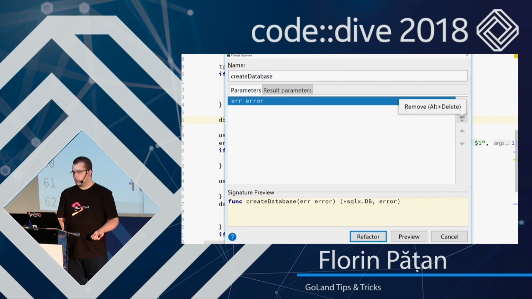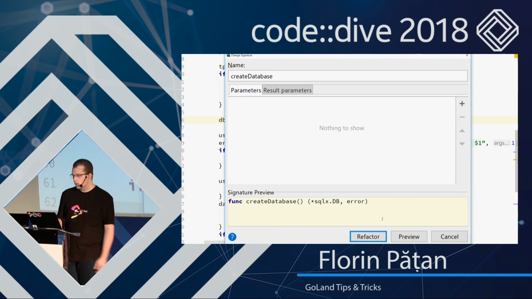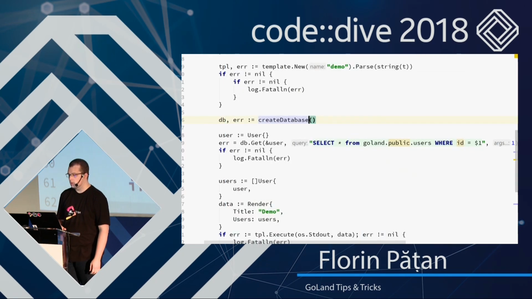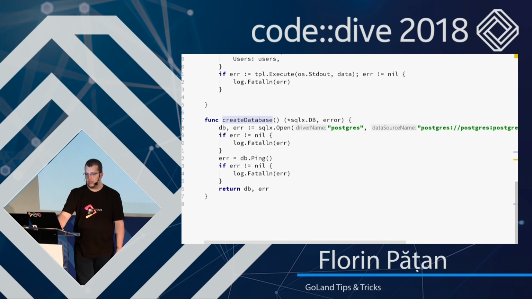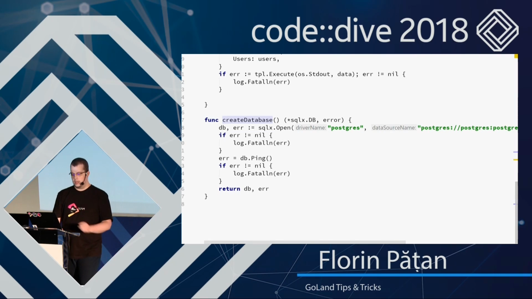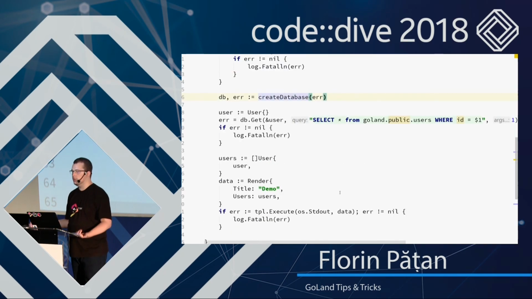And I can say, well, I want you to remove this. So the IDE will automatically refactor this as well. And it's just going to take one press of the button, and that's it. I don't have the parameter anymore, right? And if I change my mind, I can also undo. So after the operation is done, I can undo the usage as well of that function.